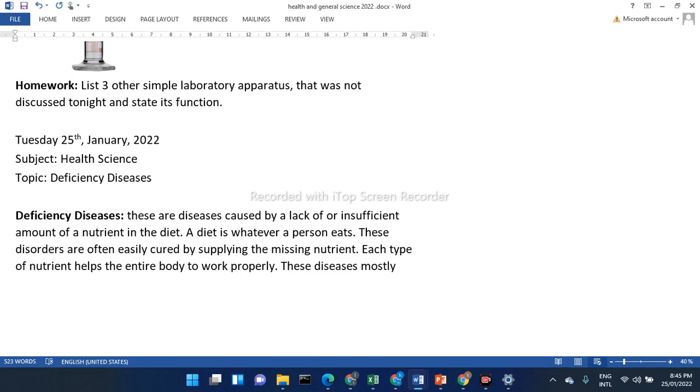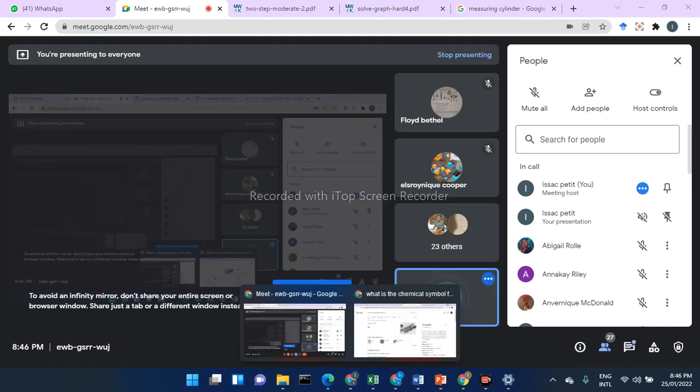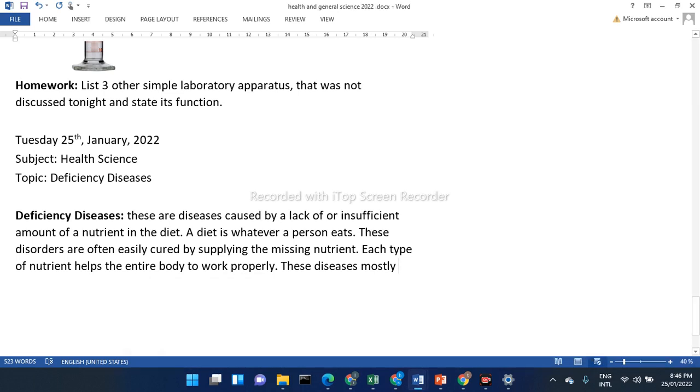They don't have the variety that we have here in the city, so they have a restricted diet, a narrow diet that only contains a few things, and sometimes it may not be anything at all. With that type of diet, they can end up being deficient.